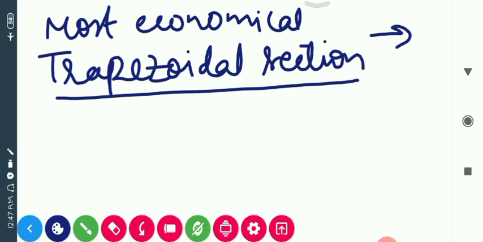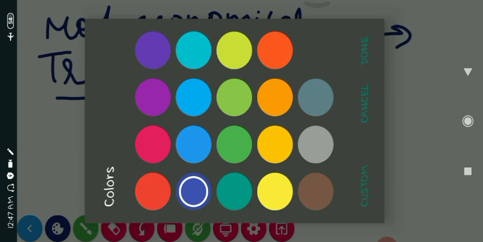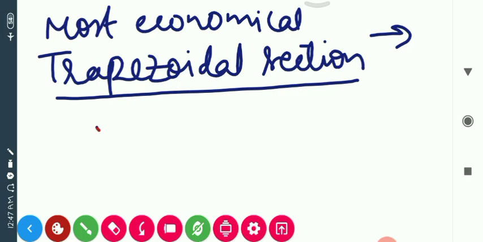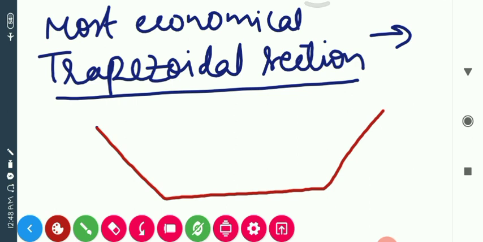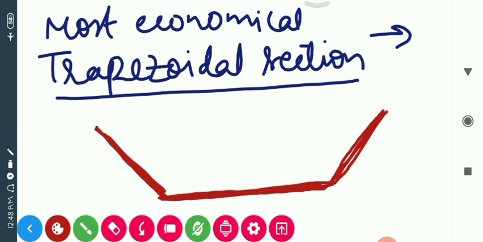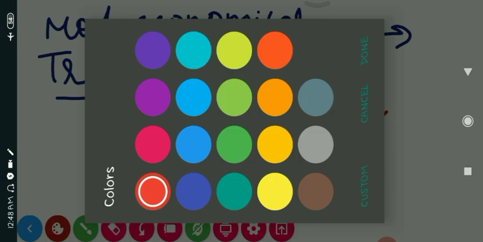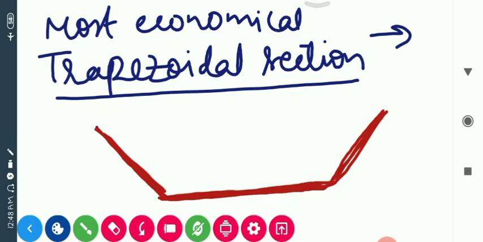What is a trapezoidal section? A trapezoidal section looks like this. These are called the side slopes of the channel, and this is the width of the channel. The water is filled up to the brim. This is the water level.